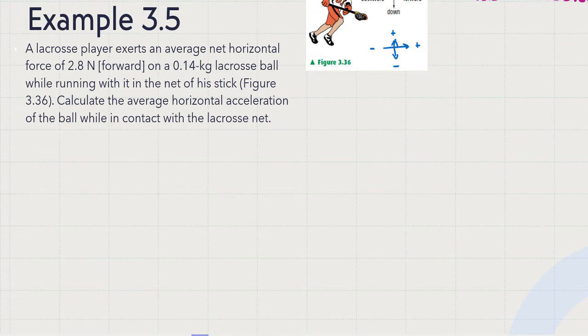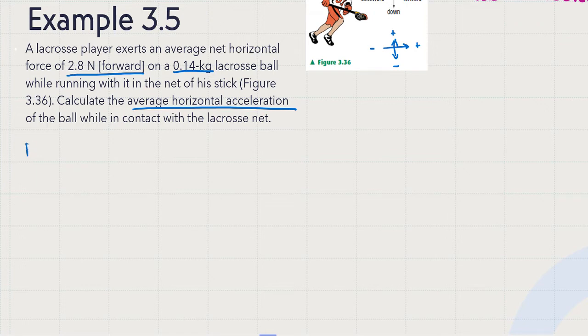On page 149, example 3.5, a lacrosse player exerts an average net horizontal force of 2.8 newtons forward on a 0.14 kilogram lacrosse ball while running it in the net of a stick. Calculate the average horizontal acceleration of the ball while in contact with the lacrosse net.